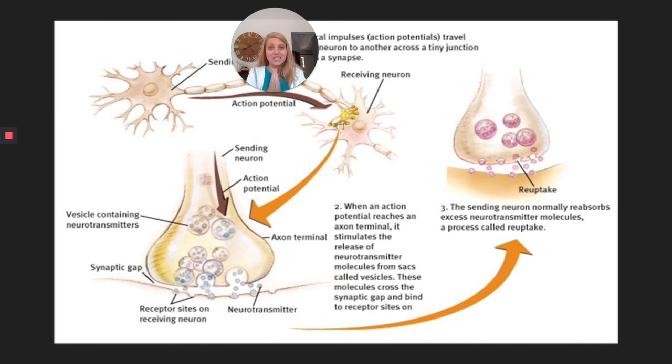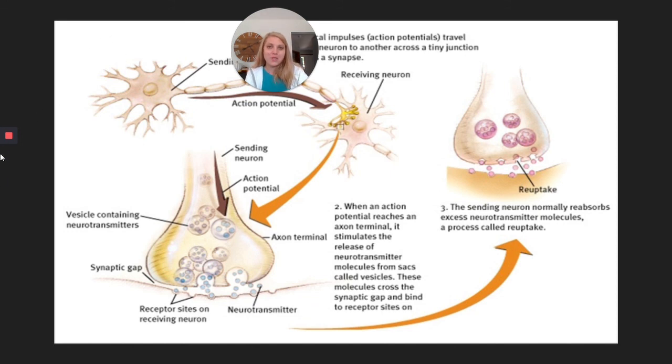That message is an action potential, which has an electrical energy source, and it's made up of chemical messengers known as neurotransmitters. Those neurotransmitters are exiting out of my neuron via the axon terminal. They hop across the synaptic gap to bind themselves in receptor sites on a receiving neuron.